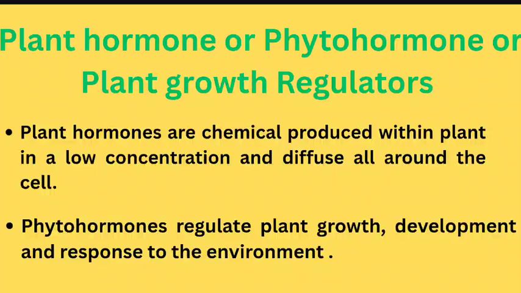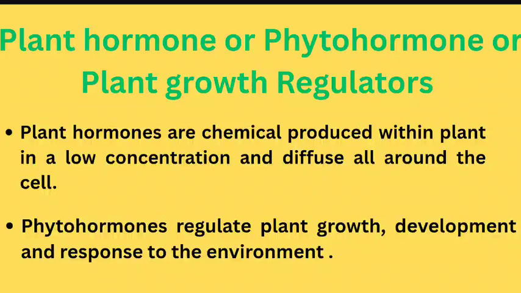So we are going to explore the first way, plant hormones. Plant hormones are also known as phytohormones or plant growth regulators. Why is it called a plant growth regulator? Because it helps in the growth of the plant. It regulates the growth of the plant.